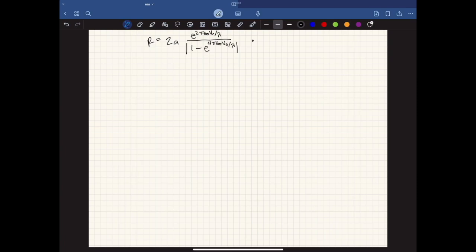Again, we can multiply by e to the power of negative 2 pi epsilon naught V naught over lambda, over e to the negative 2 pi epsilon naught V naught over lambda.